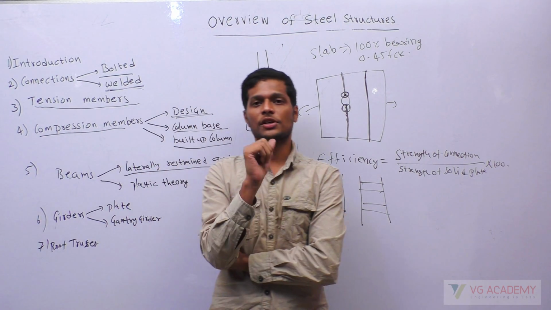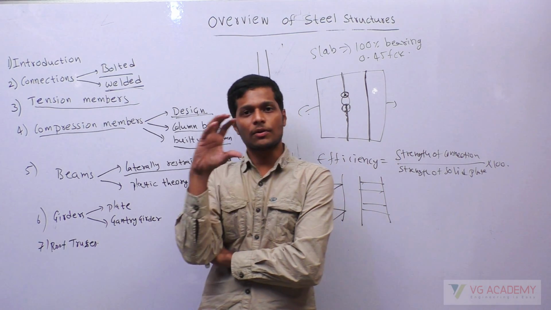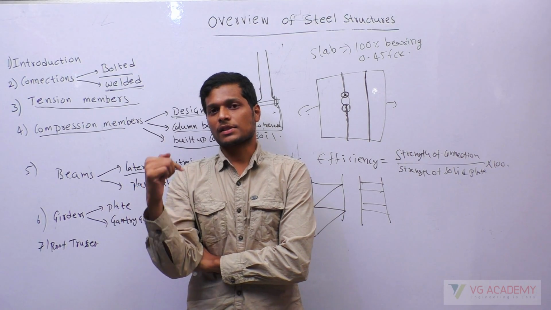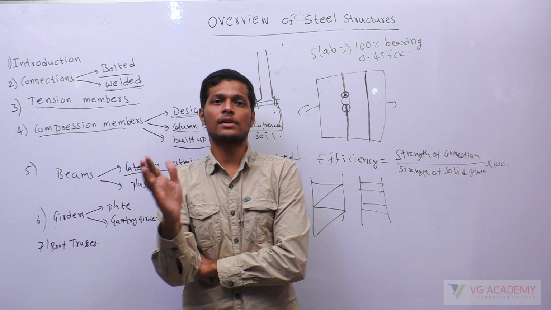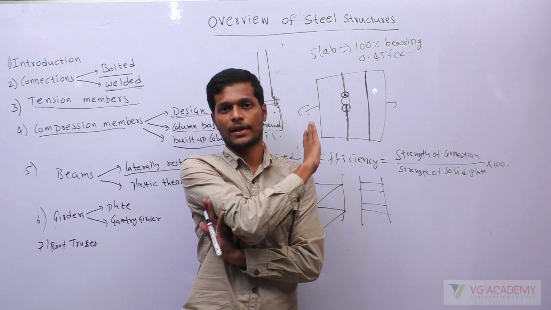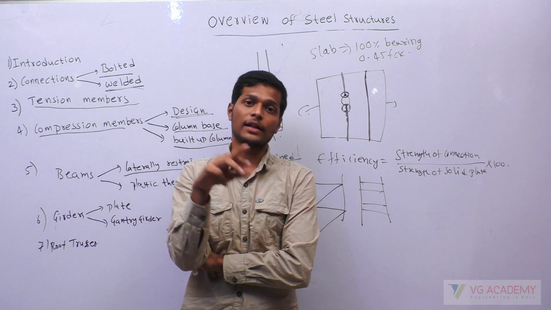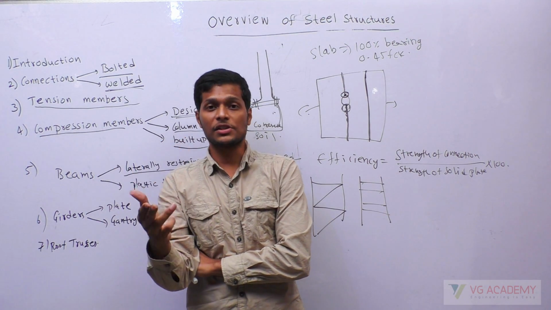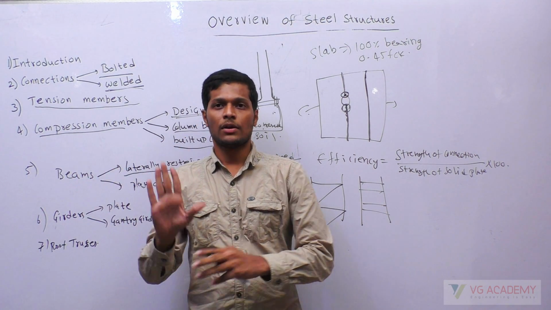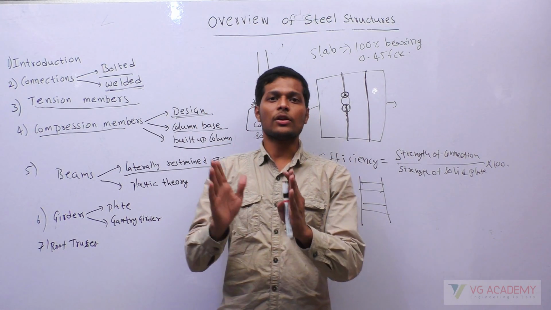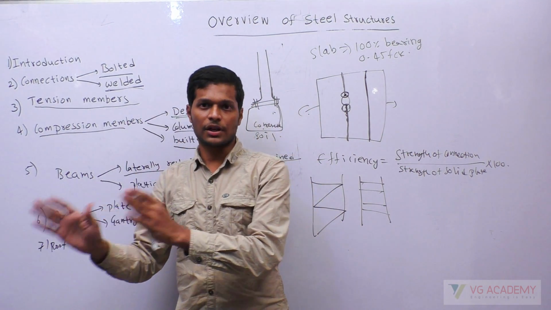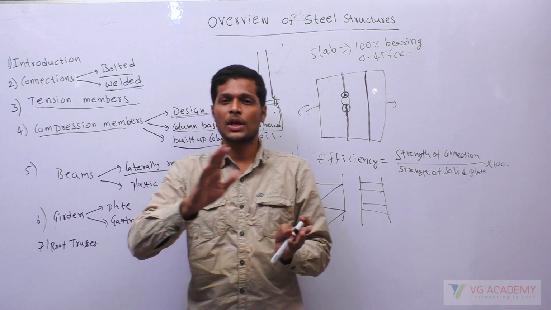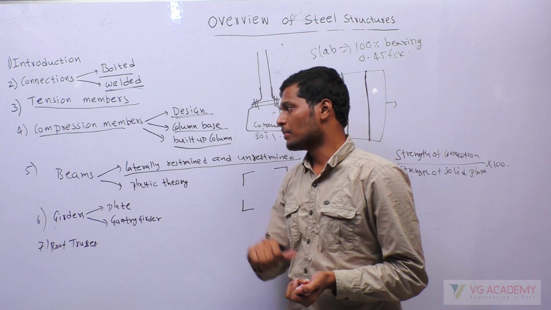Here also, how the shear load is defined: for the section you have taken, if the shear load is less than 0.6 times the design shear strength, then it is called a low shear load and you will have a different design. If the shear load is greater than 0.6 times its strength, then it is called a high shear load and the design is different. So to design for bending, you have to know whether it is a laterally restrained or unrestrained beam. To design for shear, you have to know whether the load is a high shear load or low shear load. Those are the basic things in beam design.